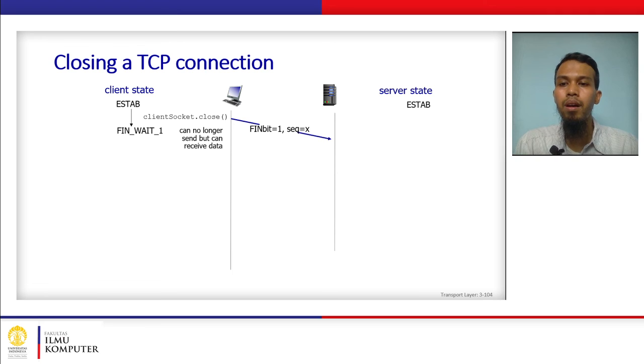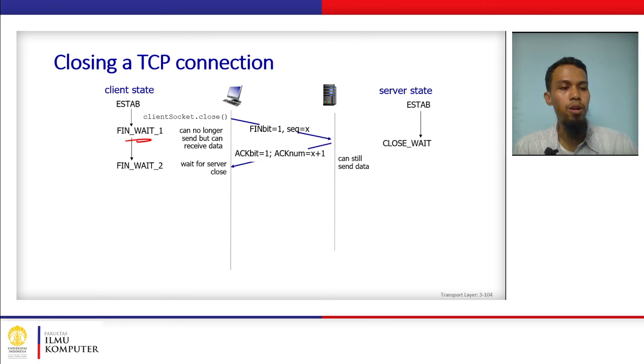The client state at this point is FIN wait 1. Basically, at this point the client is waiting for the FIN message sent by the server. Also, the client can no longer send data, but it can still receive data because it still expects the FIN message from the server.